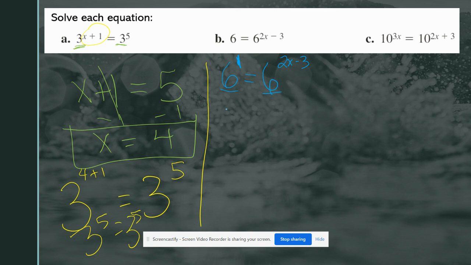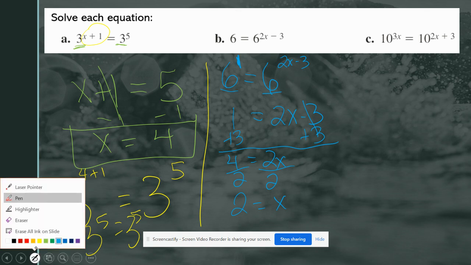So because of that, we can say 1 is equal to 2x minus 3. Solve for x. Add 3. And then divide by 2. So we say x is equal to 2.